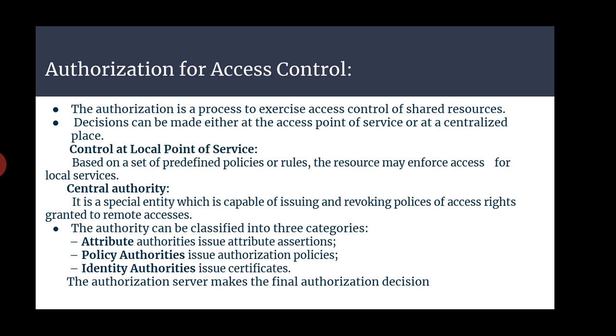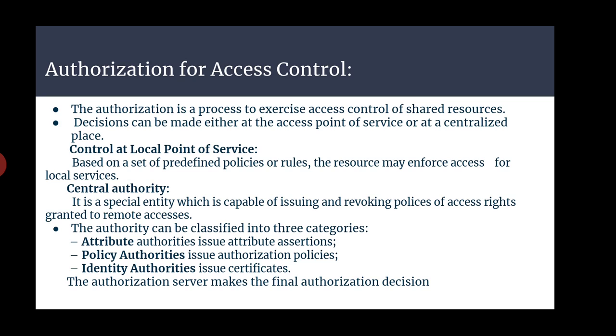Authorization is a process or mechanism to exercise access control of shared resources. So this is the concept. Authorization is nothing but a process to exercise access control of those shared resources.